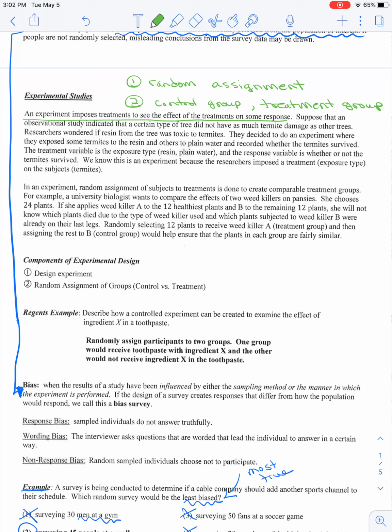So I can say, due to applying weed killer A to pansies in the treatment group, they died, whereas pansies in the control group lived. So in an experimental study, you can draw a cause and effect conclusion.